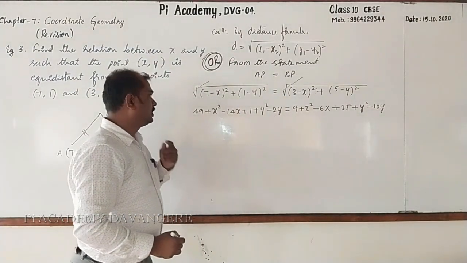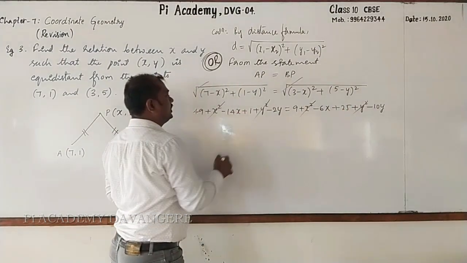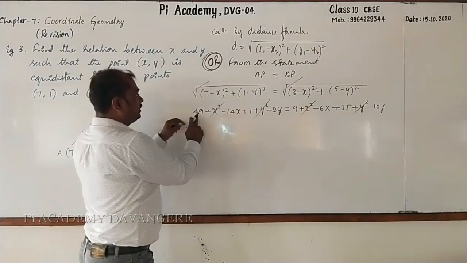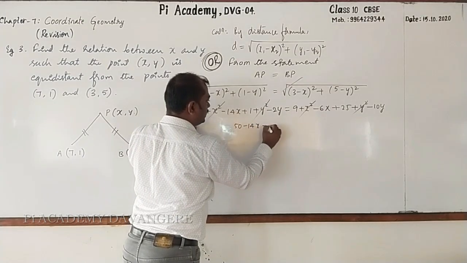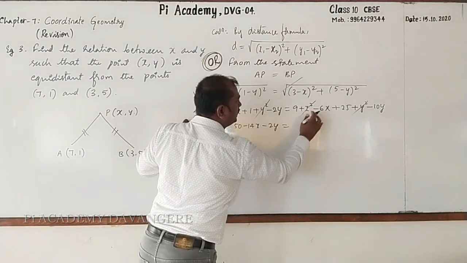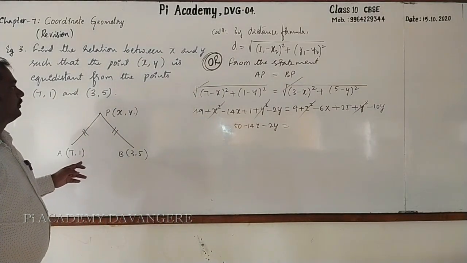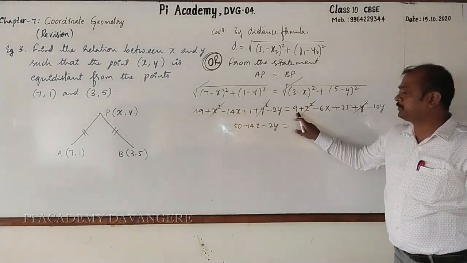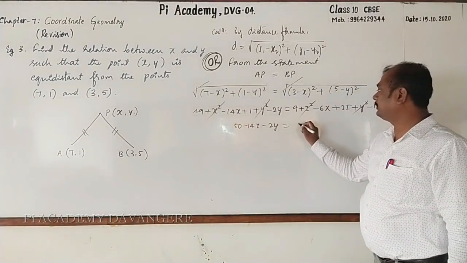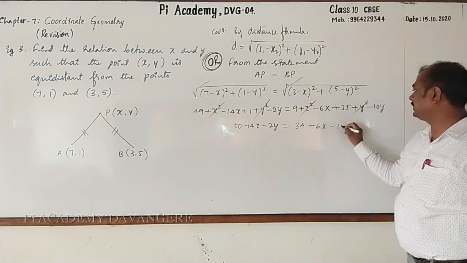Observe, x square, y square get cancelled. Then what is 49 plus 1? 50. 50 minus 14x minus 2y. Then here 25 plus 9. This will be 34. 34 minus 6x minus 10y.